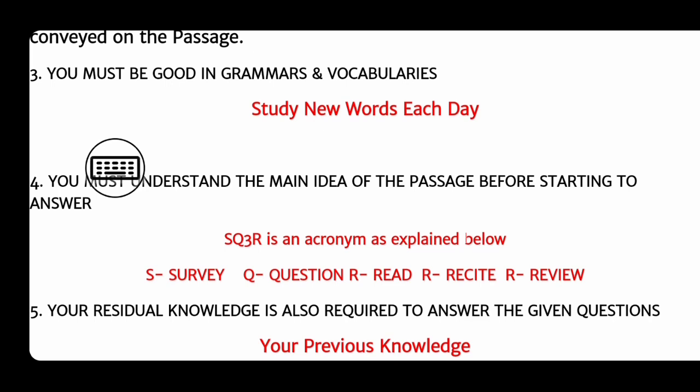SQ3R is an acronym that means S for survey, Q for question, R for read, R for recite, and R for review. Using this technique, you'll be able to understand any passage and know what the main idea is. I would recommend that you use this strategy when you get to the exam hall. Now, this is how to use it.